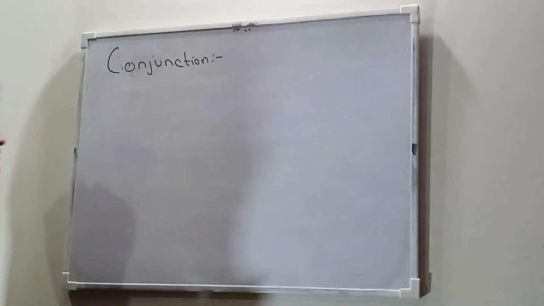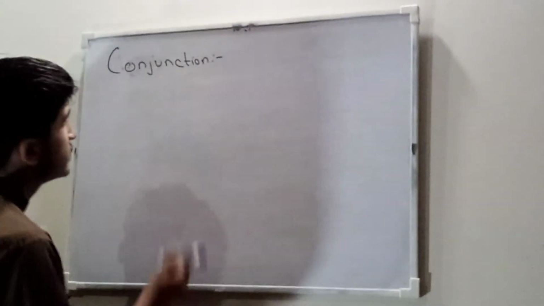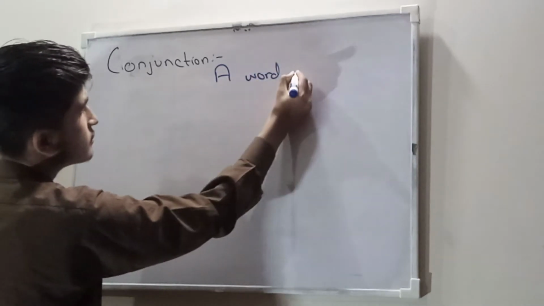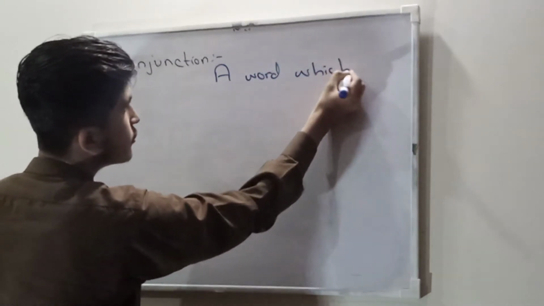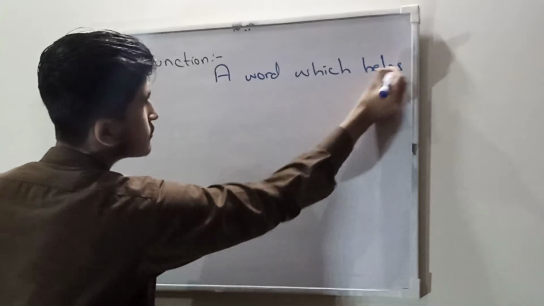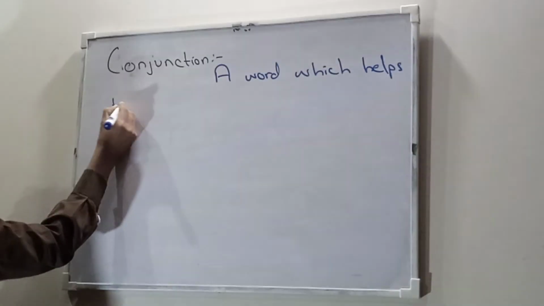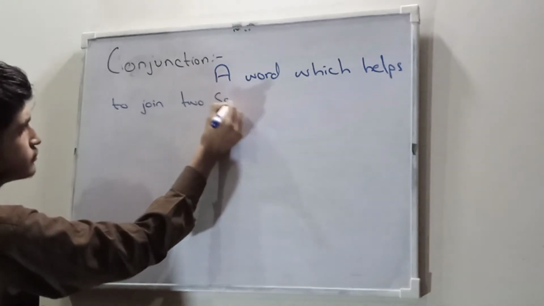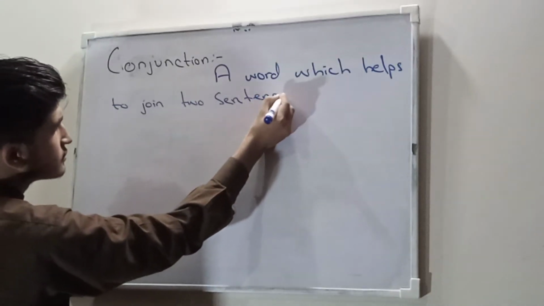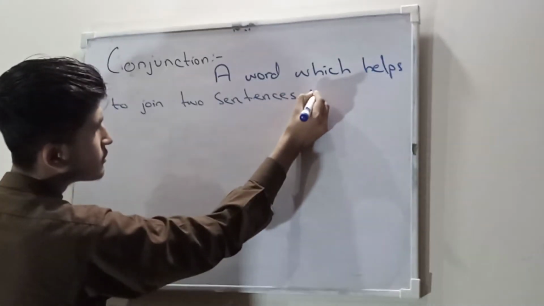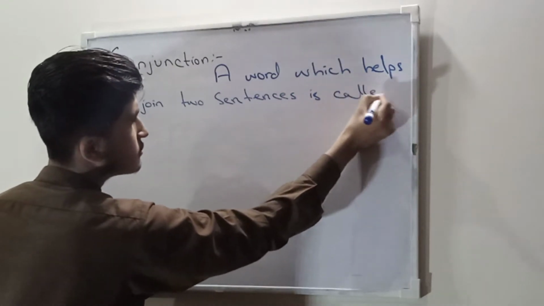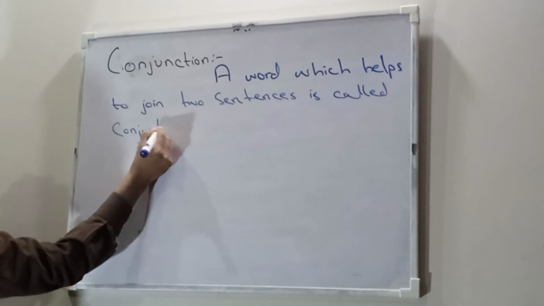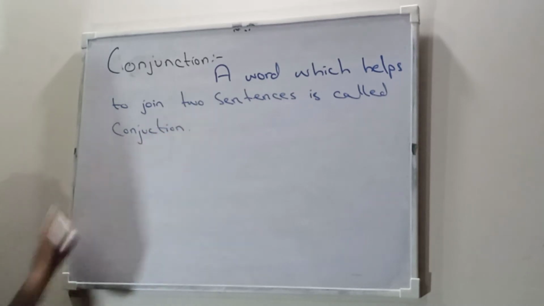How will the definition be? A word which helps to join two sentences is called conjunction.